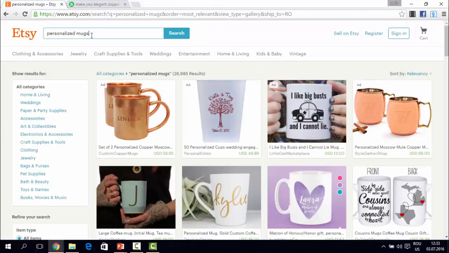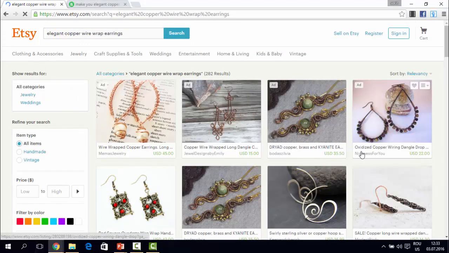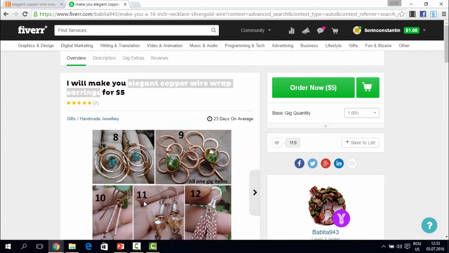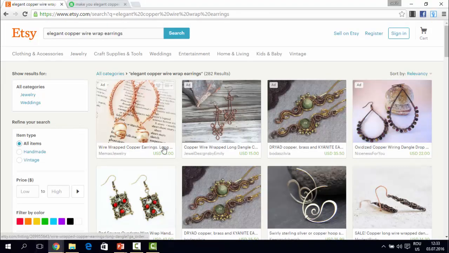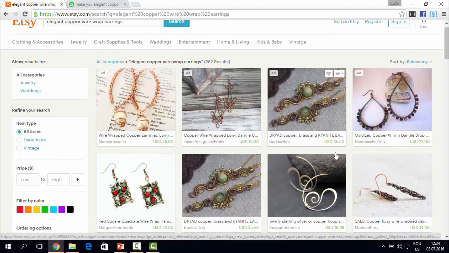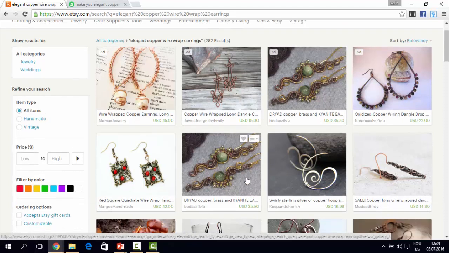We take this key phrase, paste it into Etsy.com, and see how much these are selling for. Here you can see that this seller creates them and sells them for only $5, and here we have them at $45, $15, the cheapest, the simplest model of them all. But all of those that also have semi-precious stones or other things like that are going well past $25.